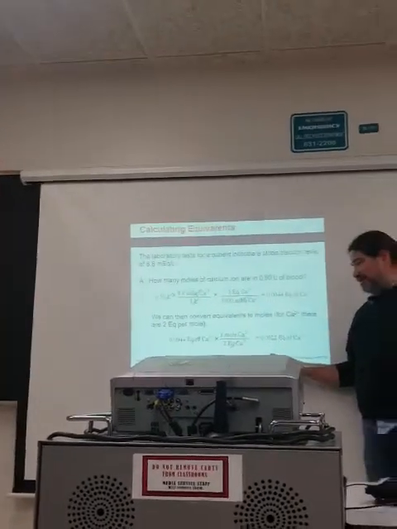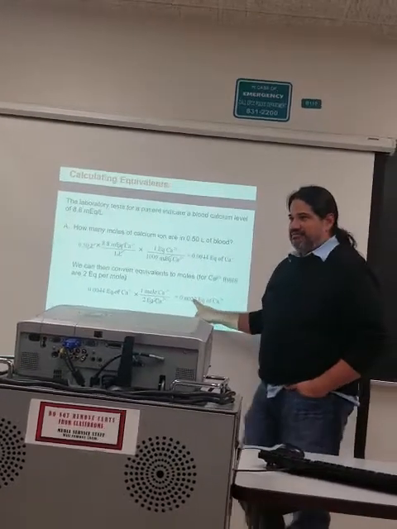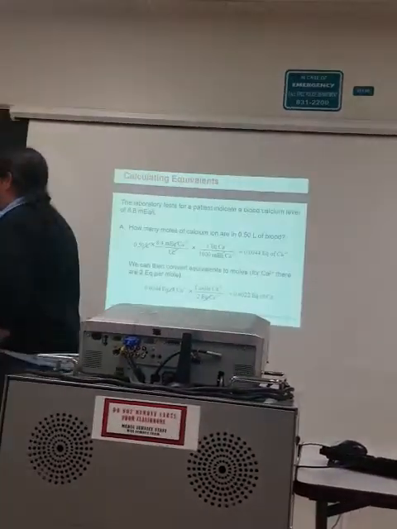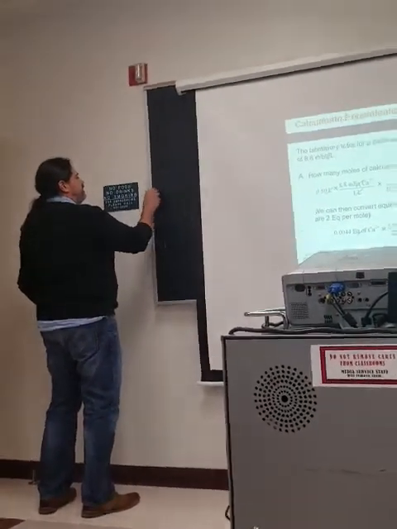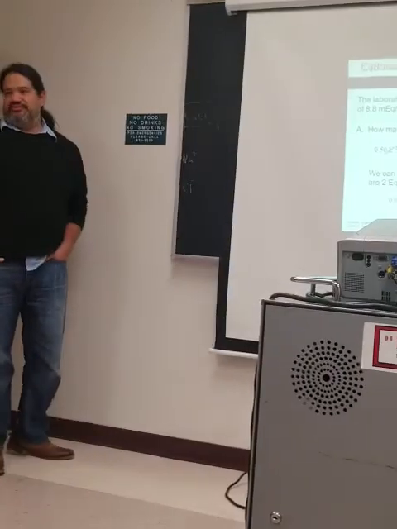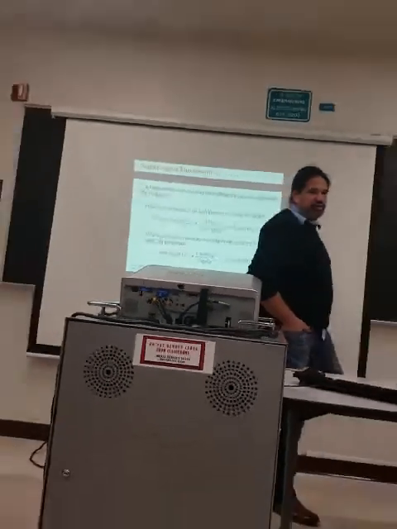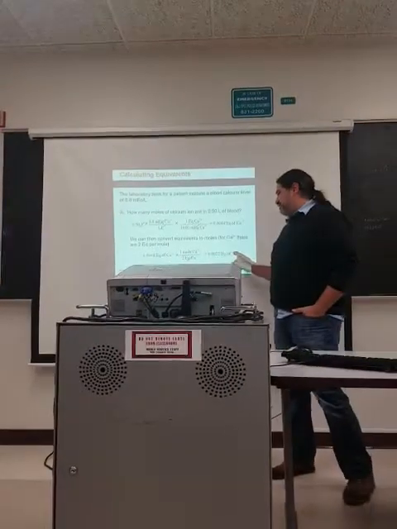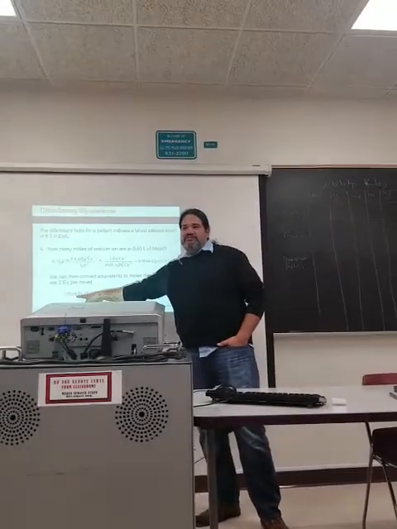So we have twice the number of moles of Cl as we do calcium. Okay, and that makes sense because in the balanced equation, calcium chloride is CaCl2. It's a 2-to-1 ratio. 2 moles of Cl for every 1 mole of calcium. And the calculation would show that. If it's calcium 0.022, then the Cl would be twice that value.